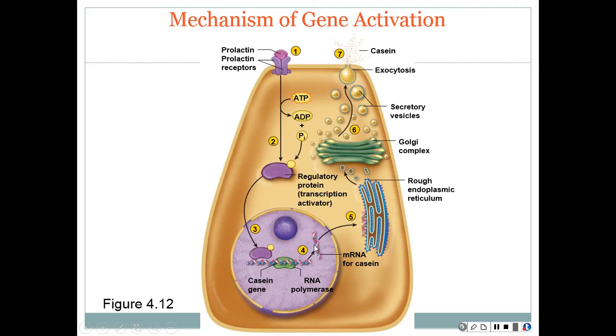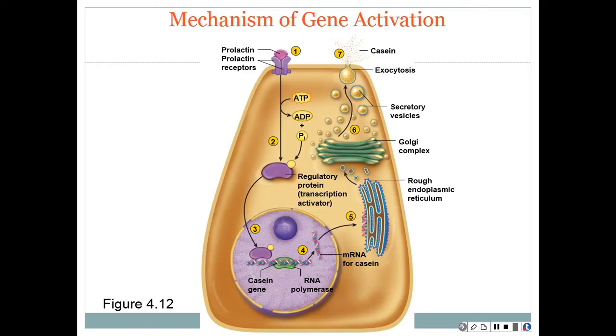This casein mRNA moves into the cytoplasm, passes out through the pores, and is translated by ribosomes on the rough endoplasmic reticulum. So slightly different from the other one that we talked about, from DNA transcription and translation.